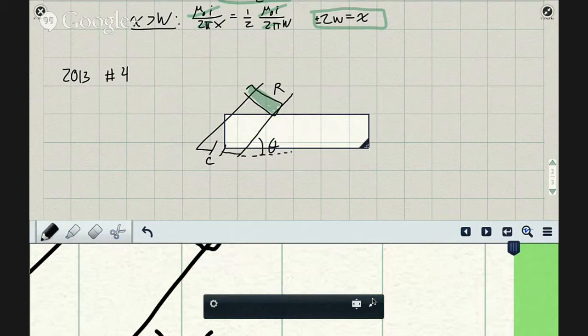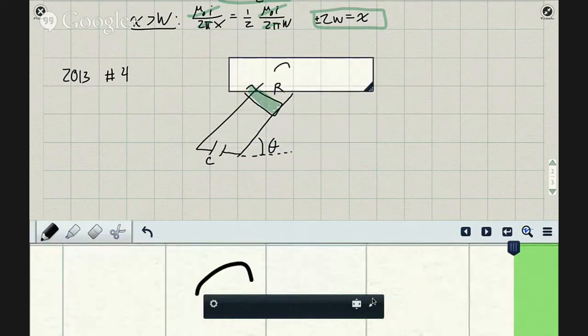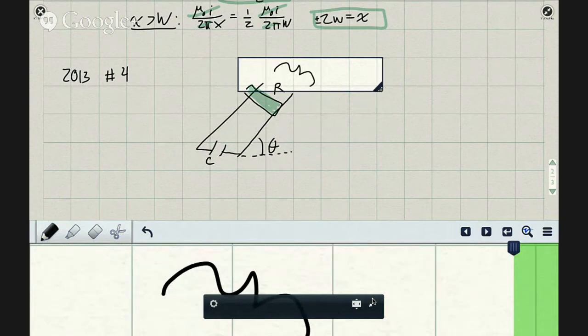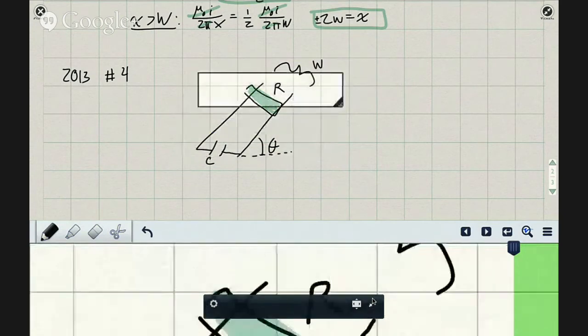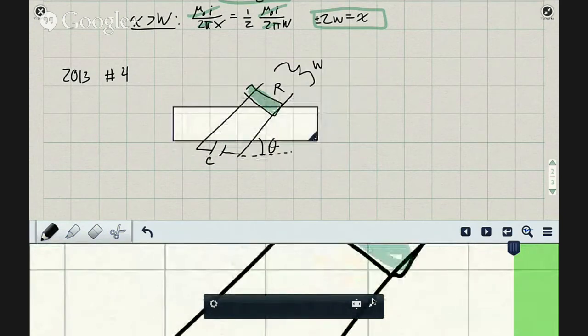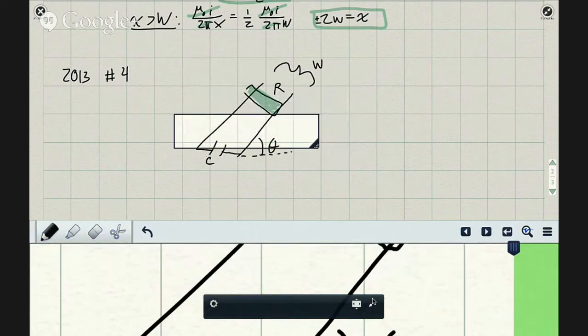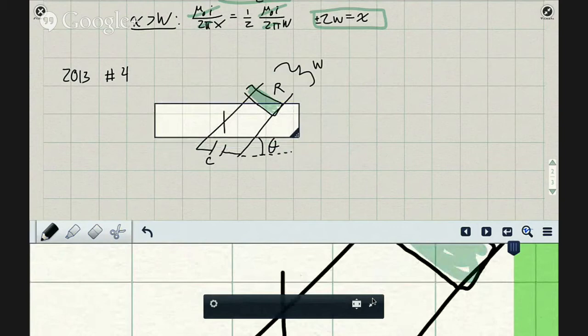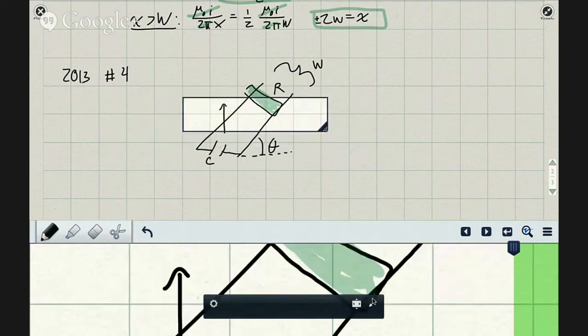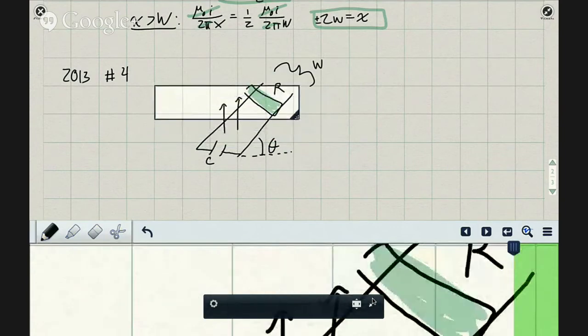Okay, what else are we given? We're given that this distance here is W, so that's the distance between the rails. These rails are resistance-free, once again. And there's a magnetic field coming straight up, okay? And the magnetic field B is going to be equal to B0.